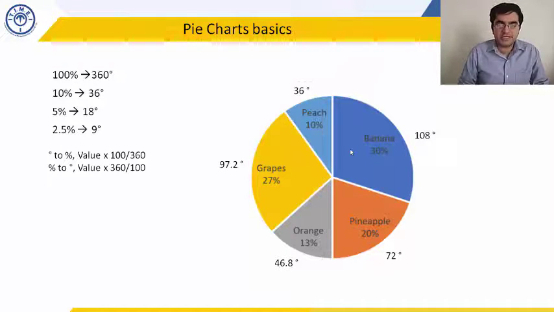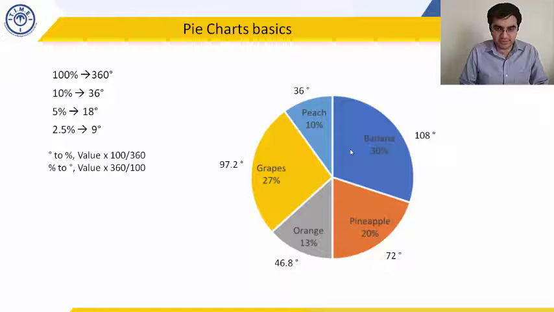Out of the total number of fruits, 30% were bananas, 20% were pineapples, 13% were oranges, 27% were grapes, and 10% were peaches.